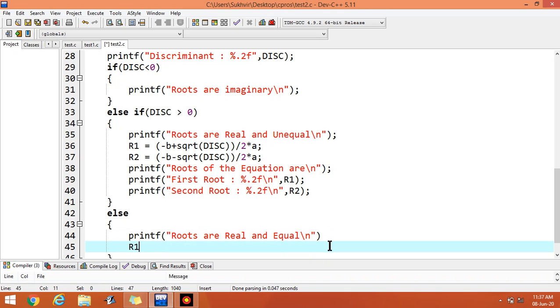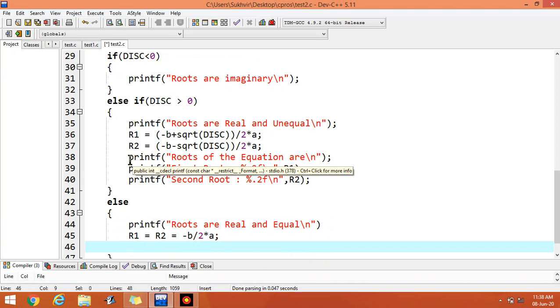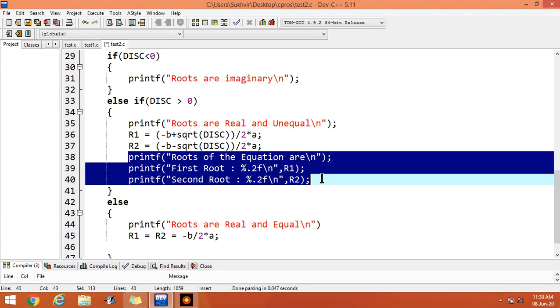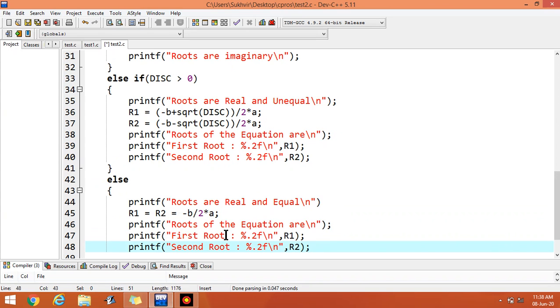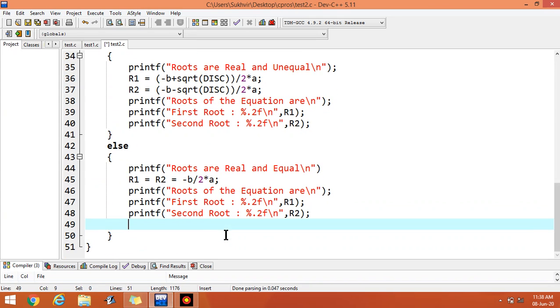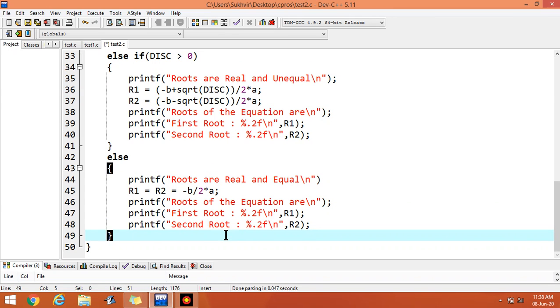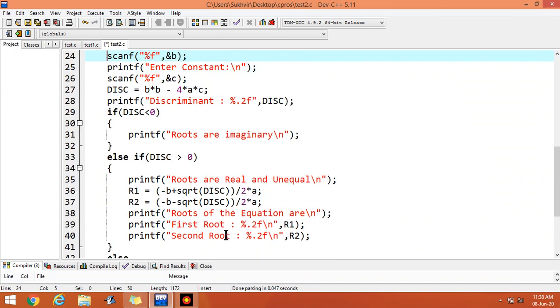Then R1 is equal to R2 as the roots are equal, and the formula is minus b divided by 2a. Now again print these contents, control C, control V. These contents are required.